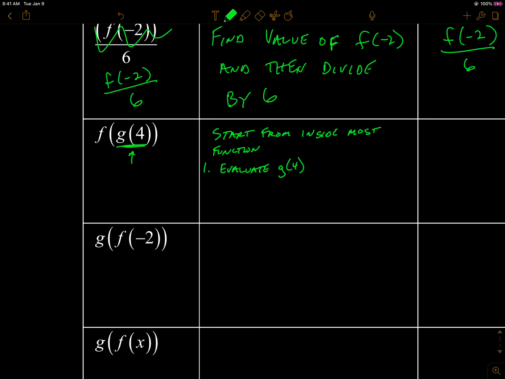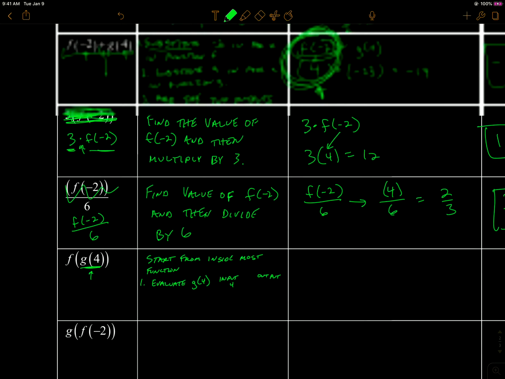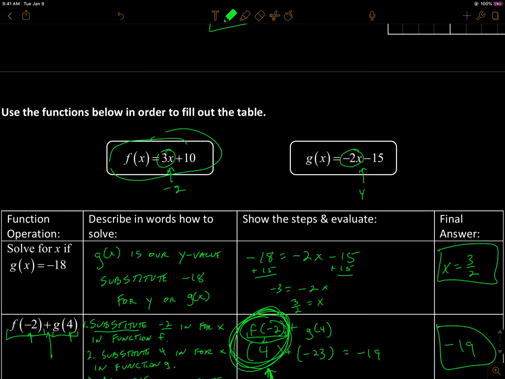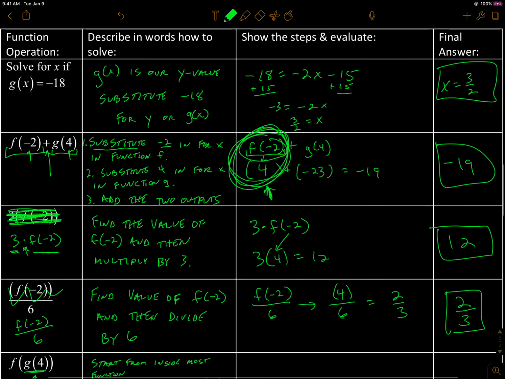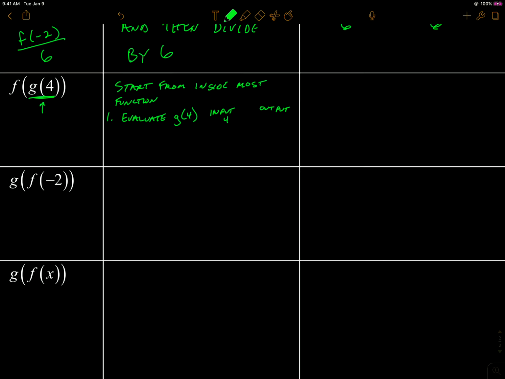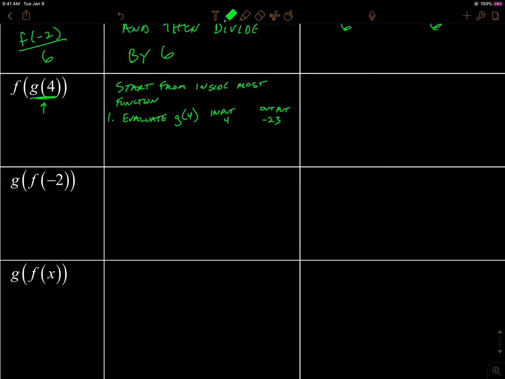When you have a function inside of a function, that's called the composition of functions. So that means we input 4 into g, and we already did that up here. So we found out g of 4 was negative 23. So we get an output of negative 23.